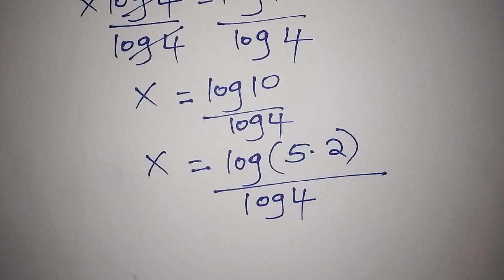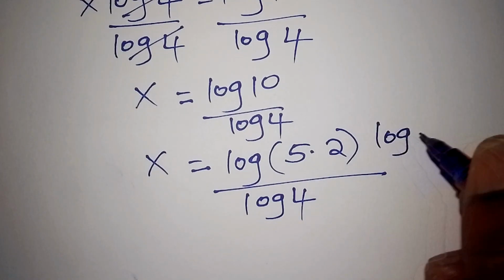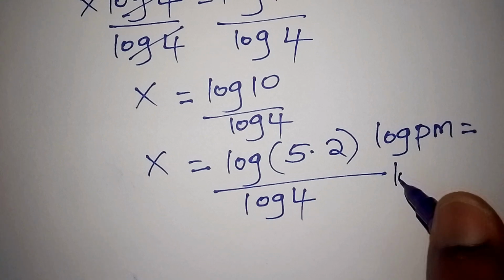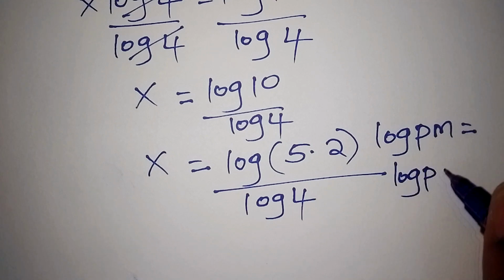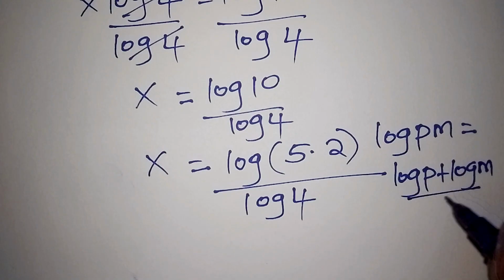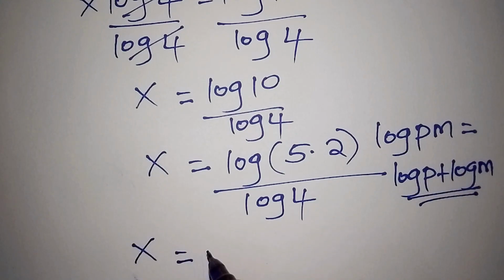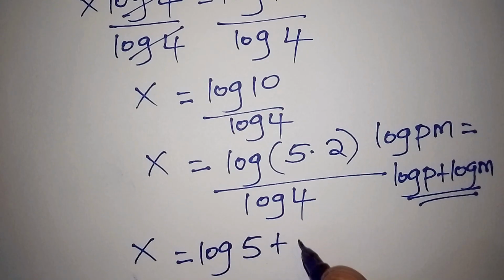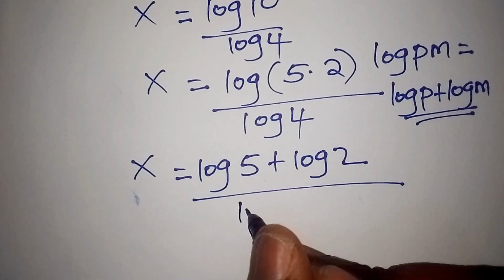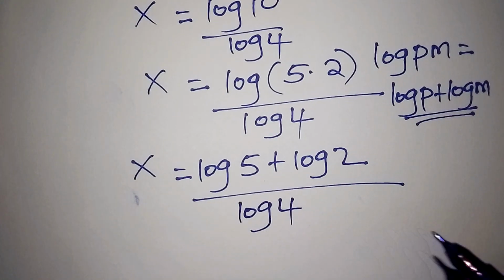When you have, for example, the log of p multiplied by m, this can be written as the log of p plus the log of m. So the value for x is equal to the log of 5 plus the log of 2, all over the log of 4.